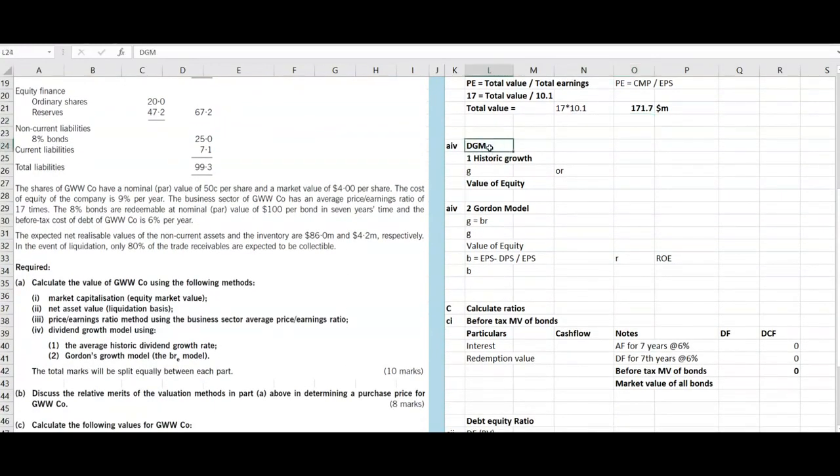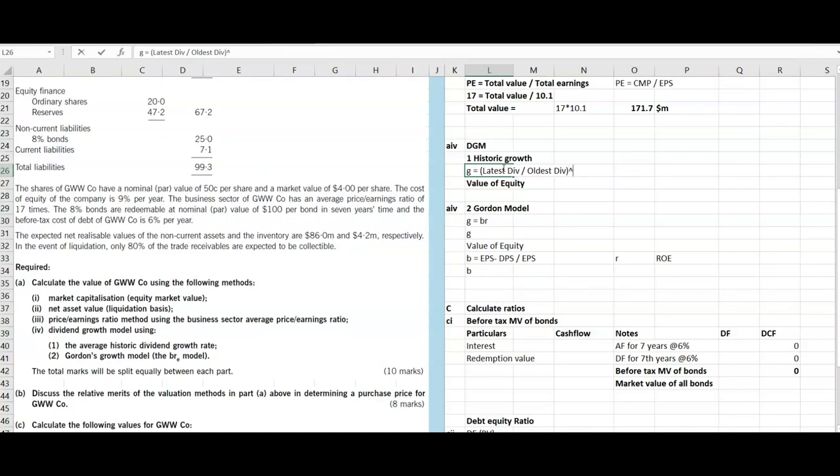The next method is the dividend growth model. They're asking us to work out the growth in the dividend through two formulas. One is the historic growth model and the other one is the Gordon model. First we'll find out through the historic model. The G has a formula. The formula would be like this: G equals latest dividend divided by oldest dividend, and you have to take the nth root.